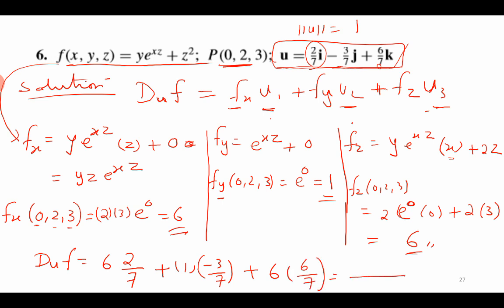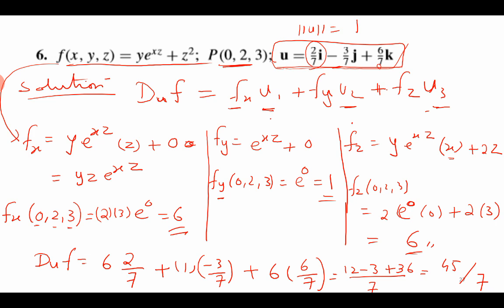So 7 is the common denominator: 6 into 2 is 12, minus 3 is 9, plus 36, which is 45 over 7. That is the end of this problem.